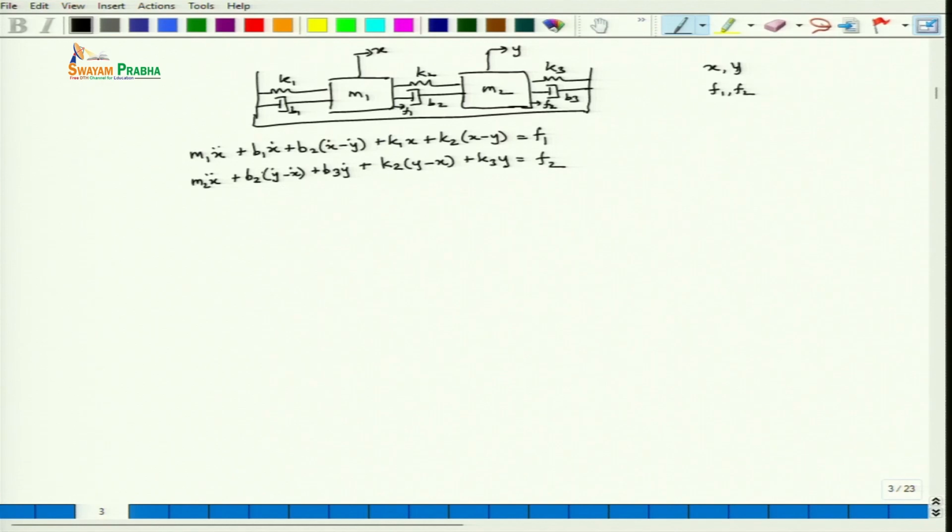So once we have these equations of motion, we can convert them into the Laplace domain.